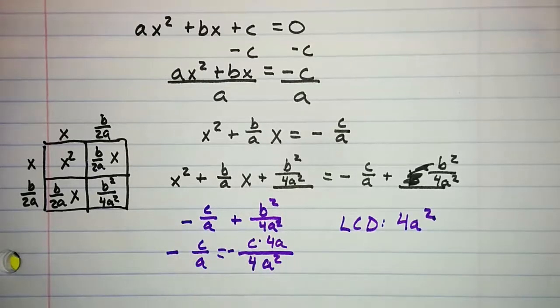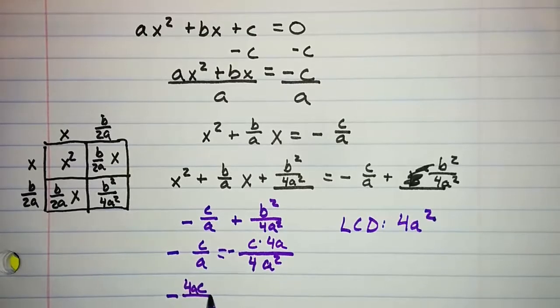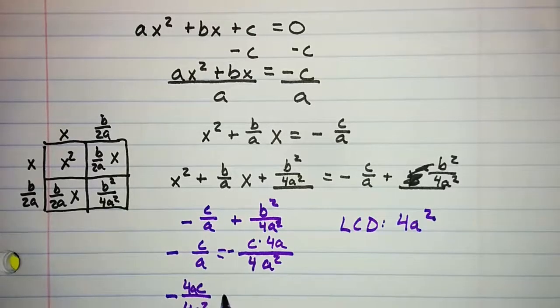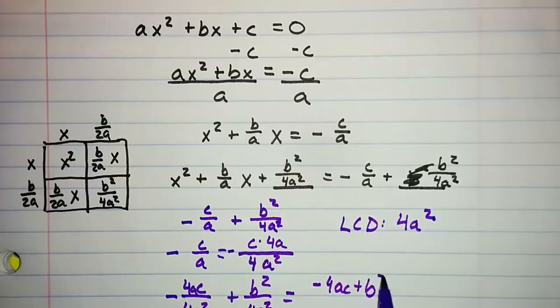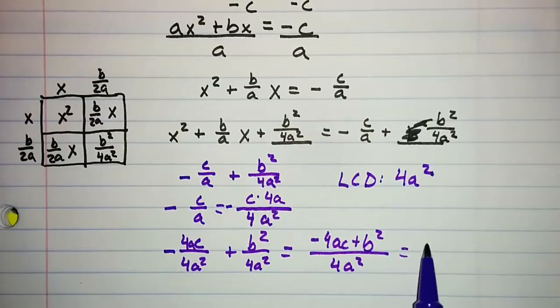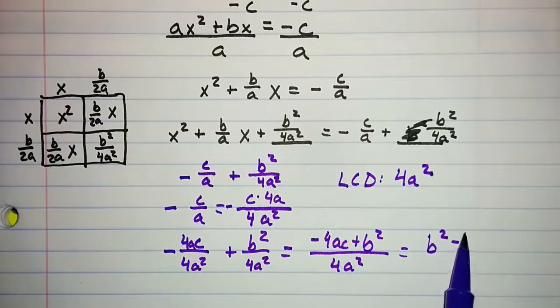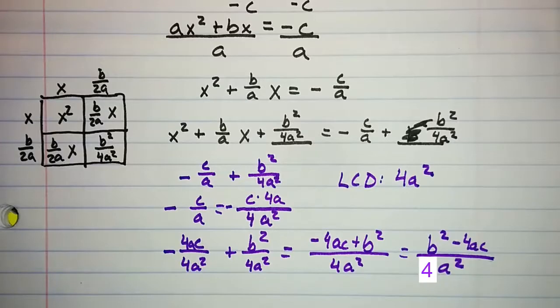So this addition problem is the same as negative 4ac over 4a squared plus b squared over 4a squared. That'll be negative 4ac plus b squared over 4a squared. And I would rather write that as b squared minus 4ac. We now return to our regularly scheduled completing the square, having successfully added these fractions.